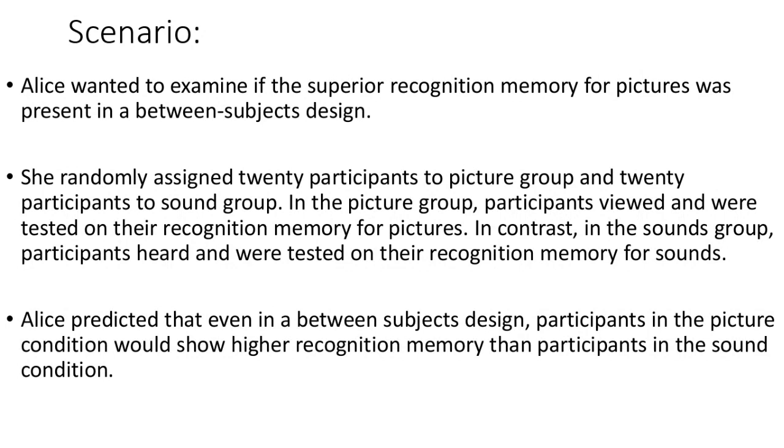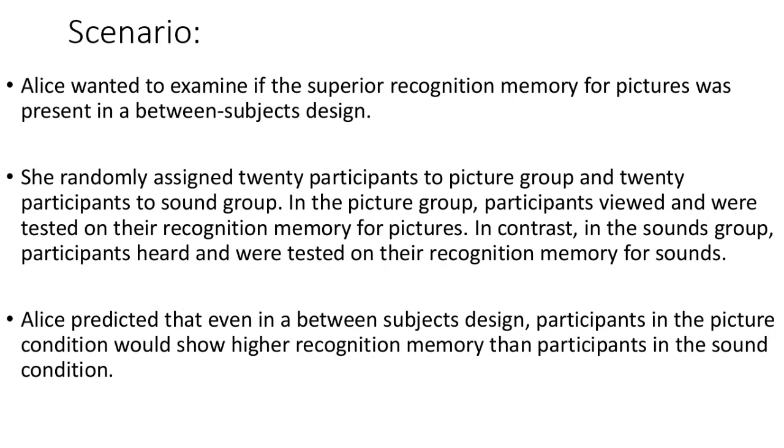So why would this be a paired t-test? I mean, what kind of t-test would this be? If you already did the paired t-test, what kind of t-test would this be? Does anyone know? Yeah, that's correct.